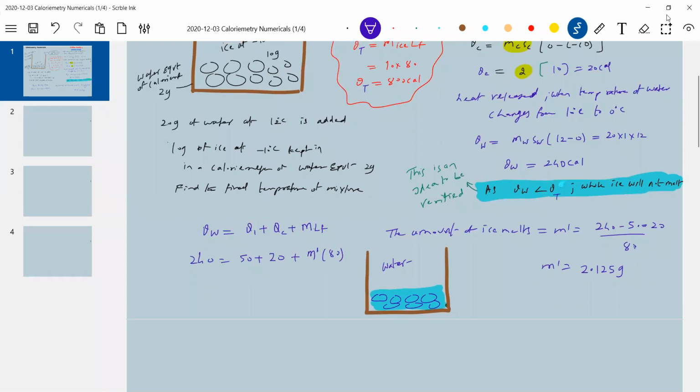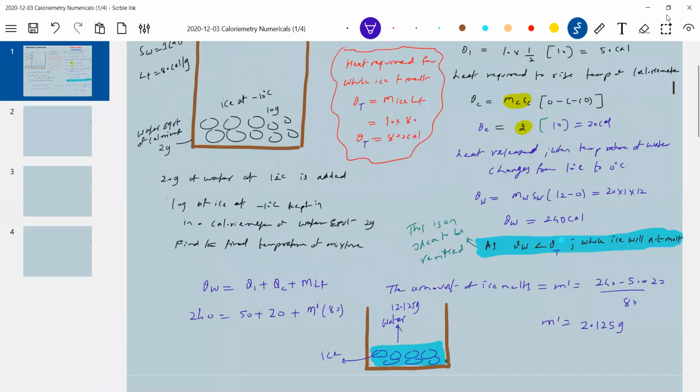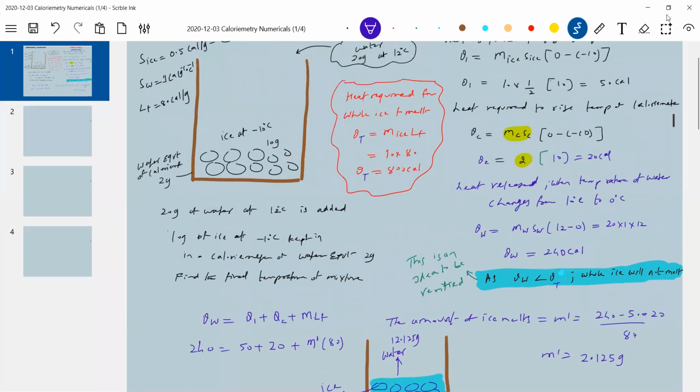So 12 point, there's the water and there's the ice. How much water, and how much ice will be in the 10 gram? The water is 20 plus 2.125, so this will become 22.125.